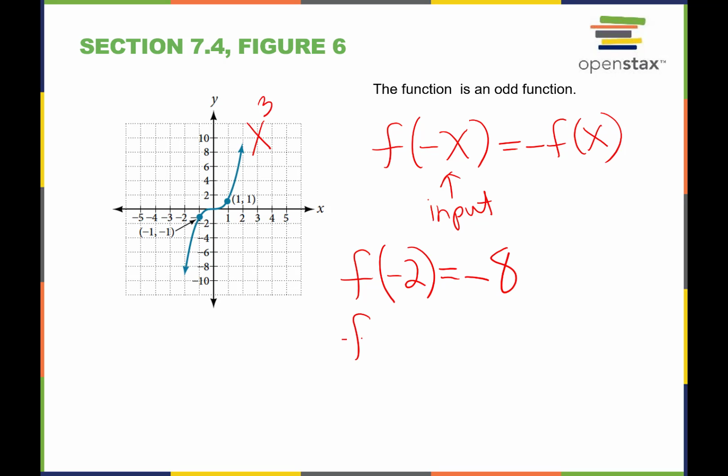If I switch the sign of my input and put in +2, that should also switch the sign of my output. So 2 times 2 times 2, I get 8. If I switch the sign of my input, it switches the sign of my output. That's an odd function.